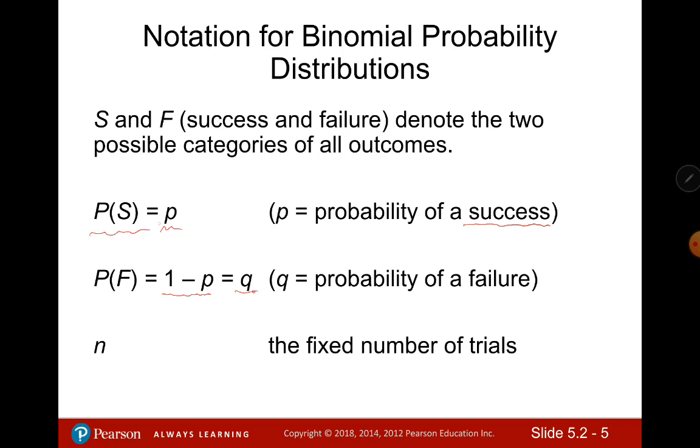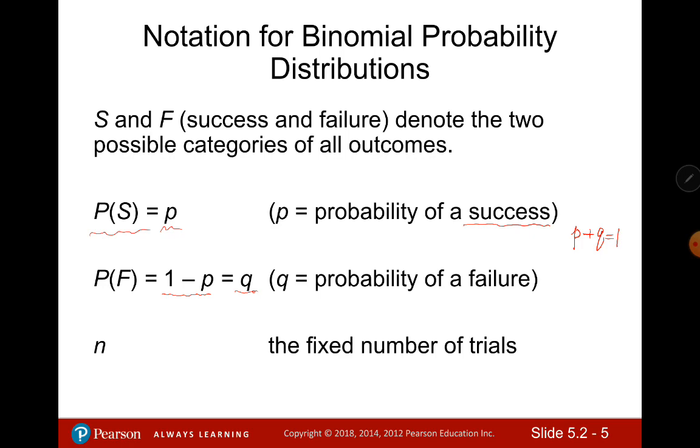But make sure you understand the relationship between p and q: lowercase p plus lowercase q is equal to 1. So if we know the probability of a success, we automatically know the probability of a failure, and similarly the other way around.